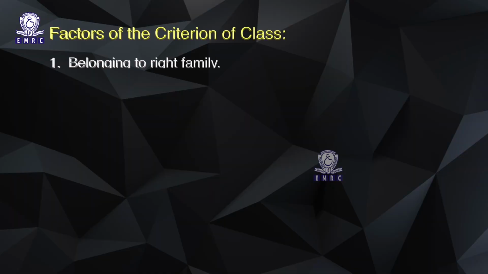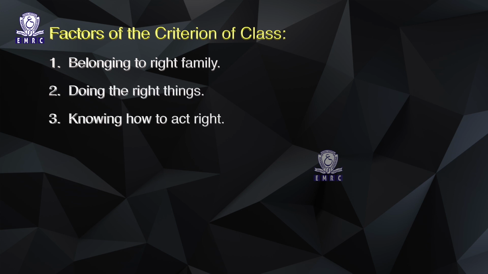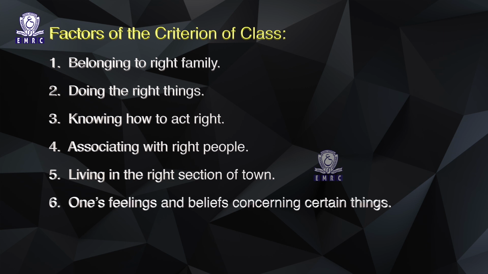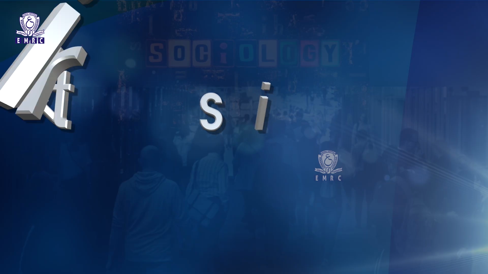For example, belonging to the right family, doing the right things, knowing how to act right, associating with the right kind of people, living in the right section of the town, one's feelings and beliefs concerning certain things.